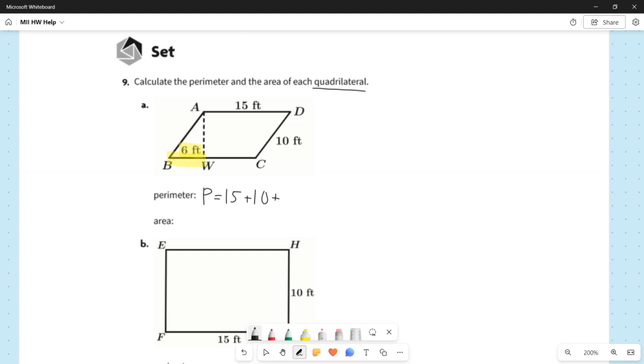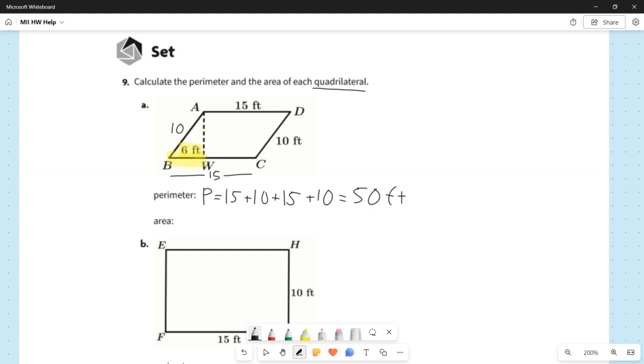However, because we are assuming that this is a parallelogram, opposite sides are congruent, which means the entire thing is 15, which is what we want. So we're going to add another 15. And again, if this is a parallelogram, opposite sides are congruent, which means this is 10. And so we add 10. So 2 times 15 is 30, 2 times 10 is 20, and 30 plus 20 is 50. And perimeter is a one-dimensional unit of measurement, so it's 50 feet.